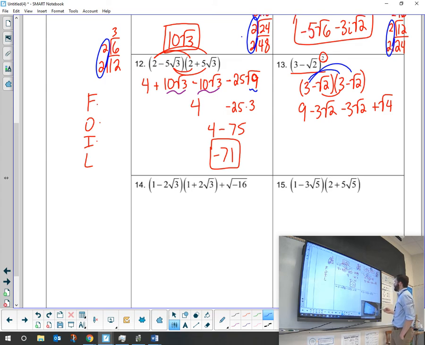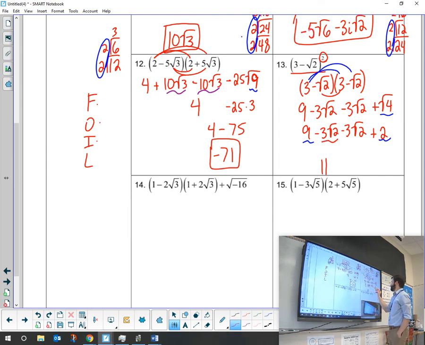Okay, now let's combine like terms. Let's simplify. First simplification: this square root of 4 can turn into a 2. Okay? Then we combine like terms. 9 and 2 make 11.